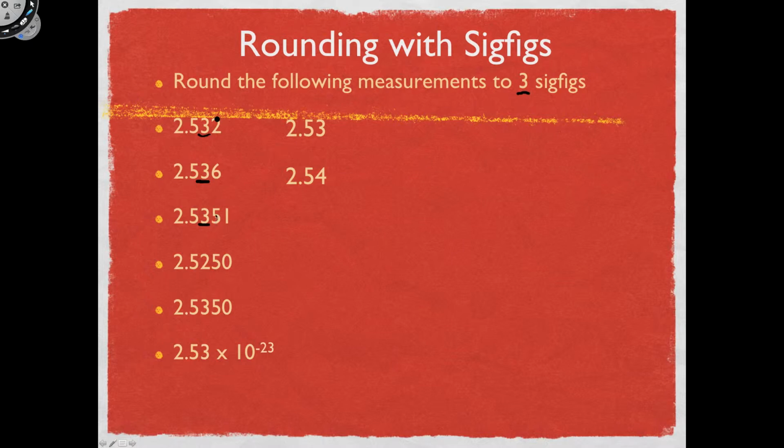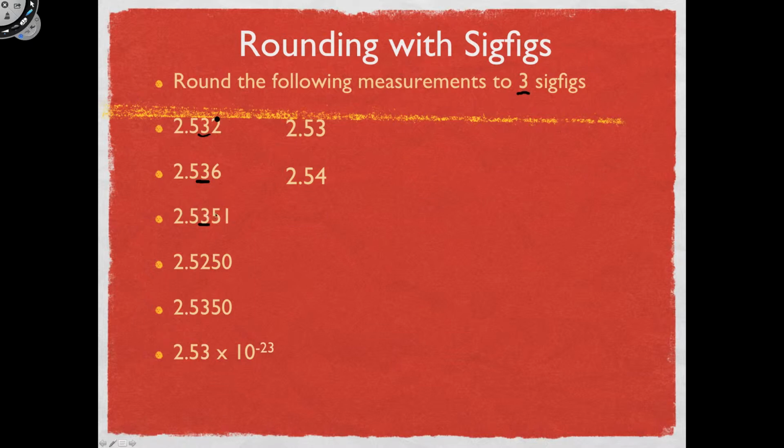If you have a 5, by rule, you must look at the next digit. So I got to look at this 1. If that digit is a non-zero number, then you're going to round that number 3 up. Okay. I know typically in math, if it's a 5, you round up, but statistically, there's a different way of dealing with it with measurement.